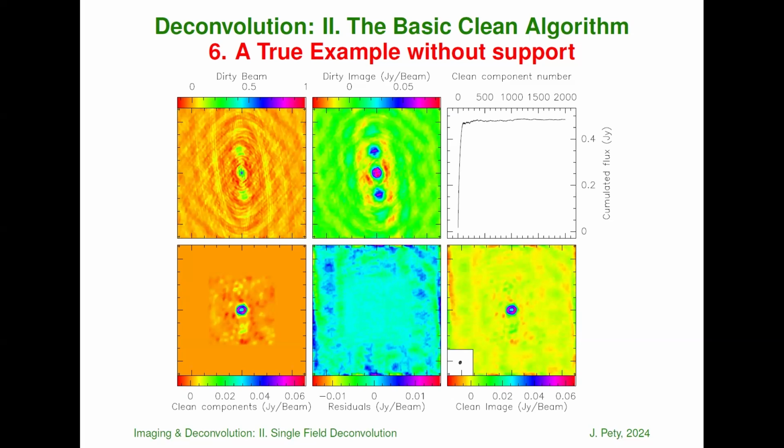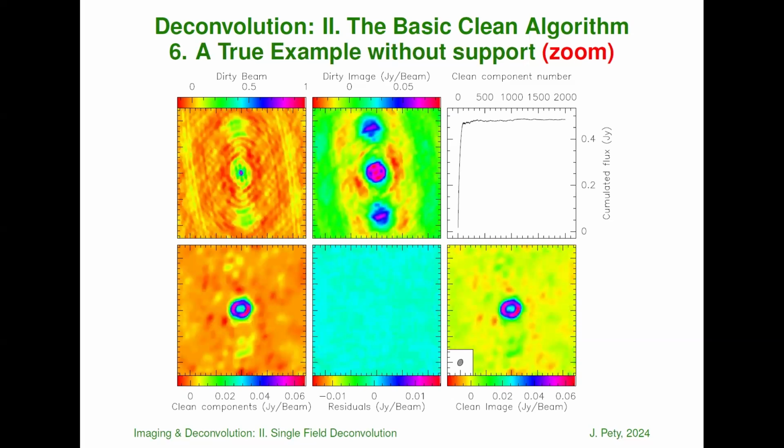No support yet. Sometimes people try to define a support on the dirty image. Well, from my viewpoint, this is plain wrong, because you don't know where the source is. In fact, mapping by default will not authorize this. It will authorize you to define a support only once you have done a first clean image.